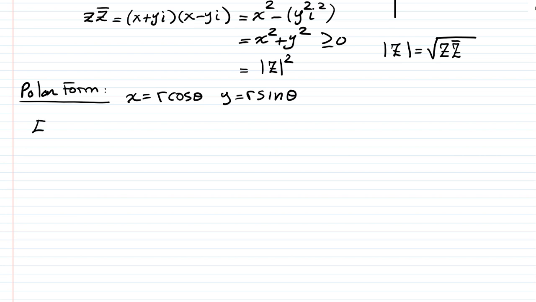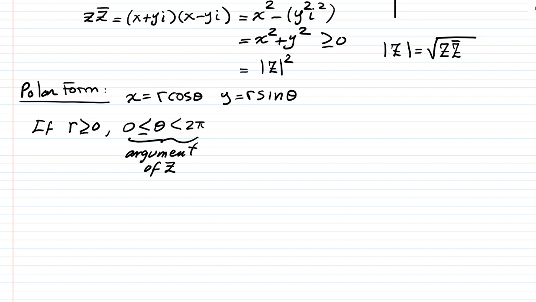Now, if r is greater than or equal to 0, and the argument of the complex number, theta, is between 0 and 2 pi. Again, let me emphasize, this is what we call the argument of z, the complex number. Then it is possible to write the complex number in polar form. Here's the x plus y i.